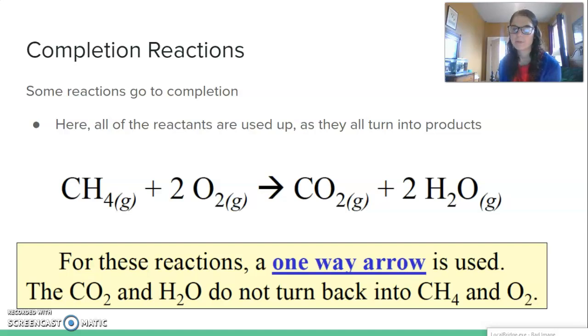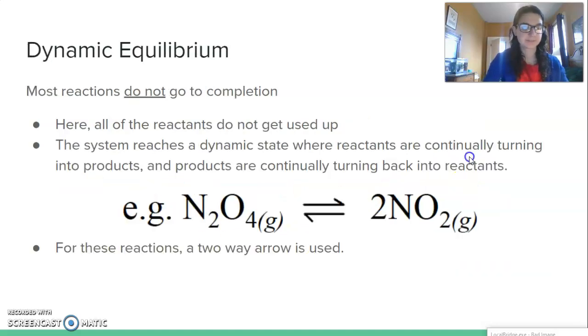When we produce CH4 and O2, we get CO2 and H2O. The CO2, carbon dioxide, and water don't really go back into CH4 and O2. It's a one-way process, so we use a one-way arrow. We don't see this happening naturally, the reverse reaction. So for these reactions, again, one-way arrow is used.